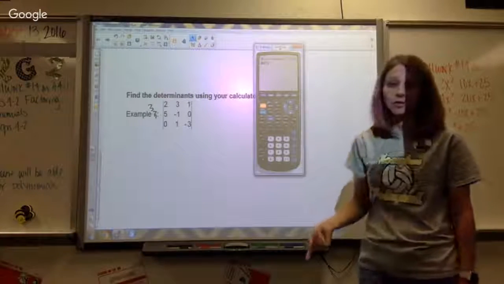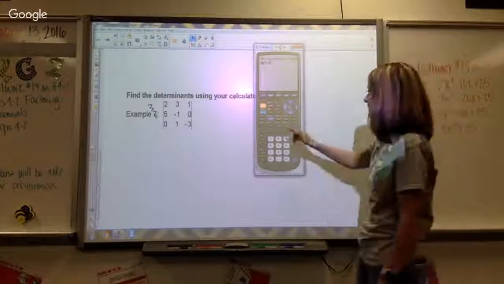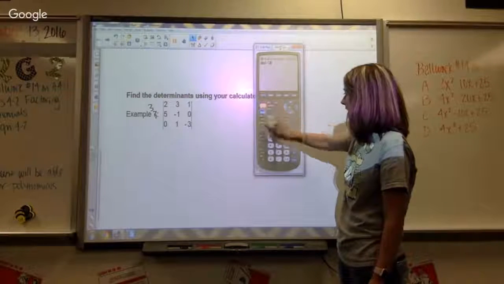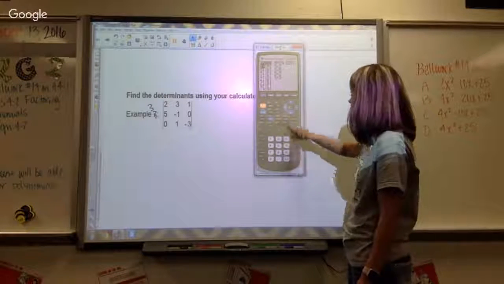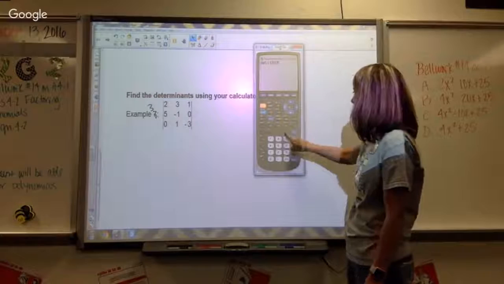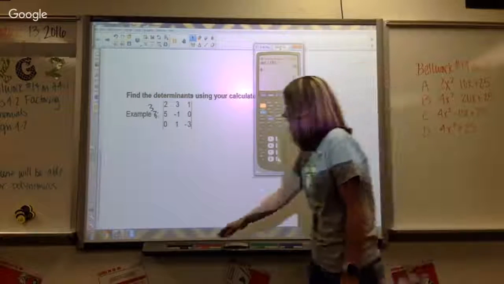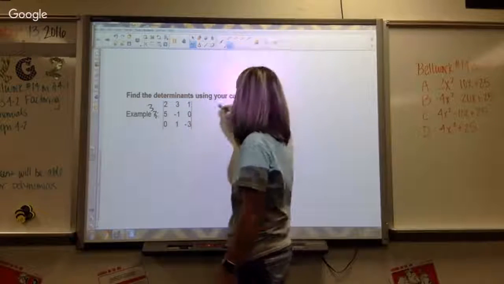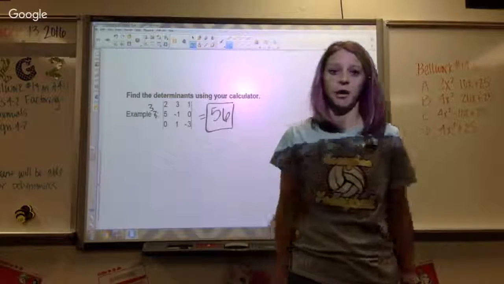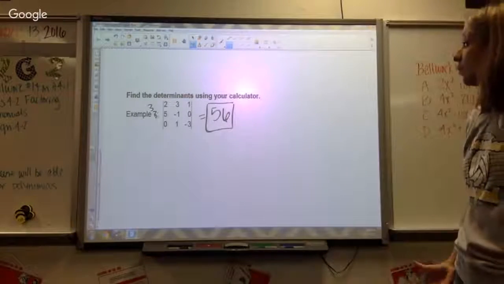I typed my matrix into A, so I'm going to find the determinant of matrix A. So to recall matrix A, we're going to do second matrix, and then you're going to name whatever matrix you're talking about. So the determinant of A would give us positive 56. Again, if you're finding the determinant, you should be getting one number.